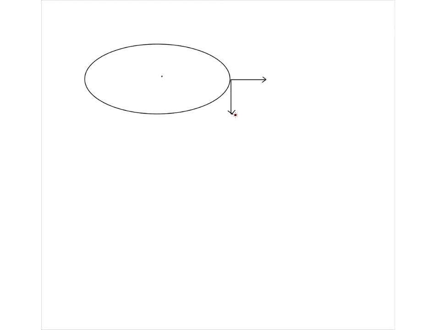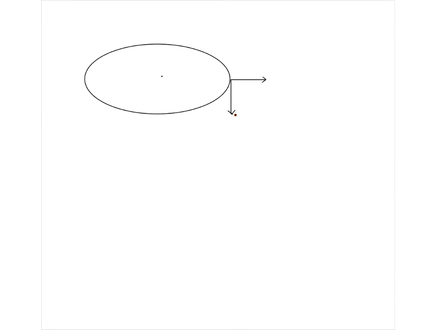So the mean position would not be vertical, mean position would be inclined. About this inclined mean position, it will oscillate to and fro, like that. But this mean position won't be that.